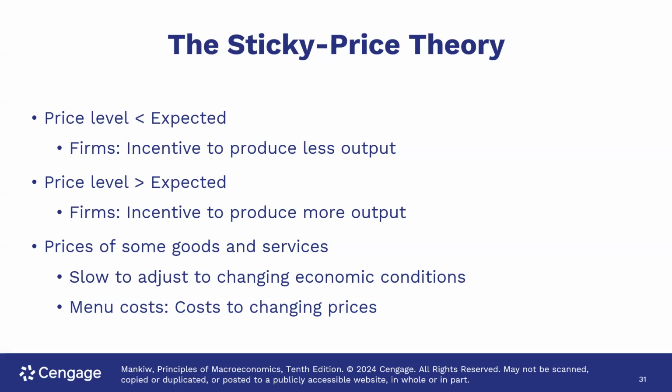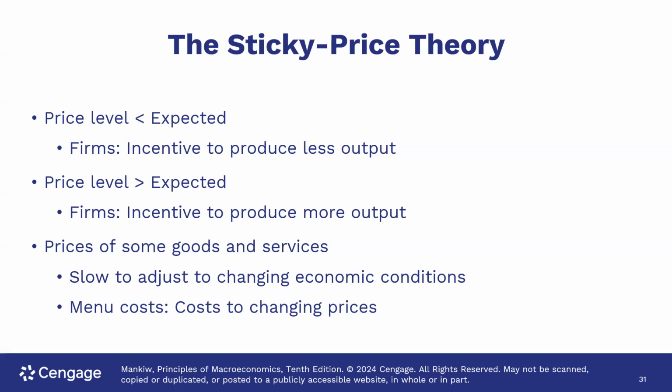So the prices of some goods and services are slow to adjust to changing economic conditions. When the firm is trying to increase the price, it will incur the menu cost, which is a cost of changing the prices. So the firms cannot change the price immediately.